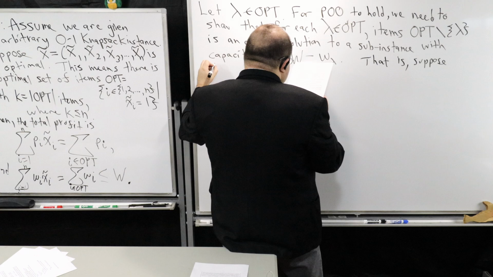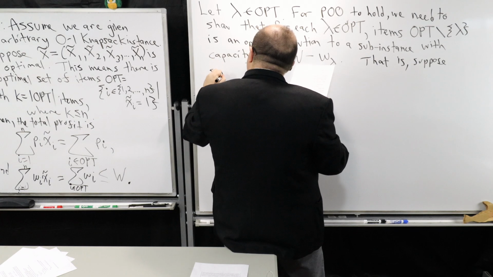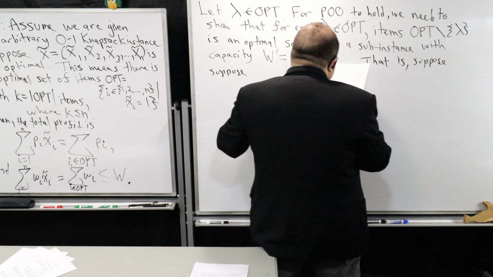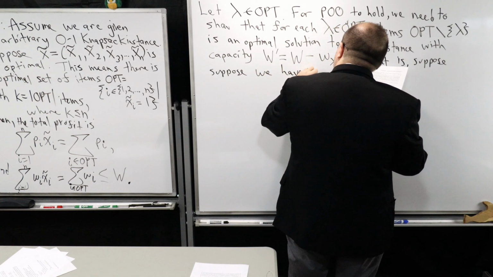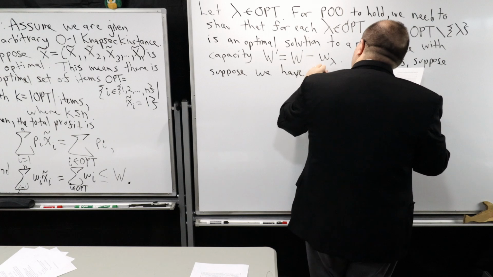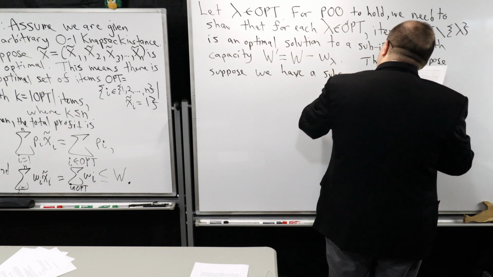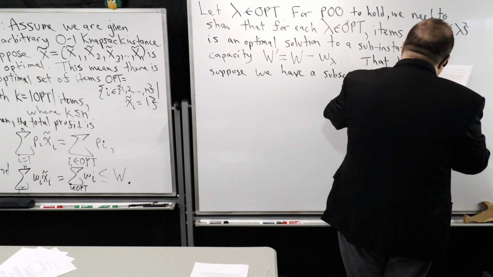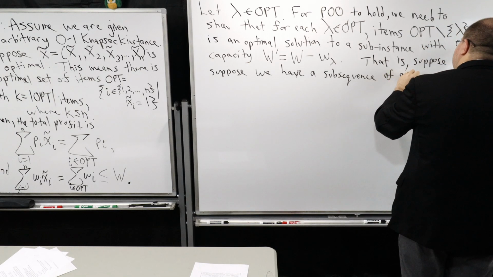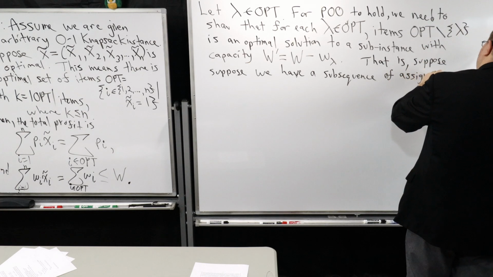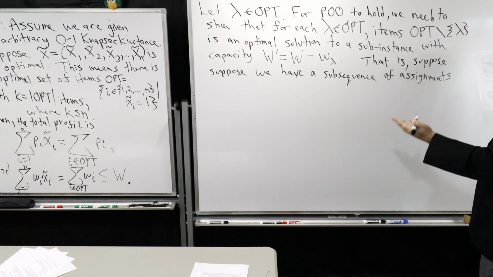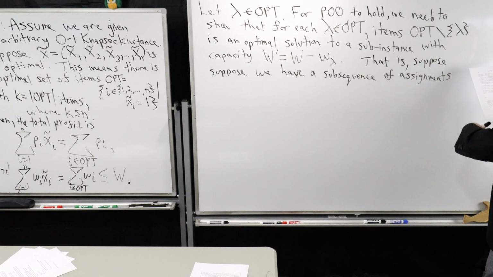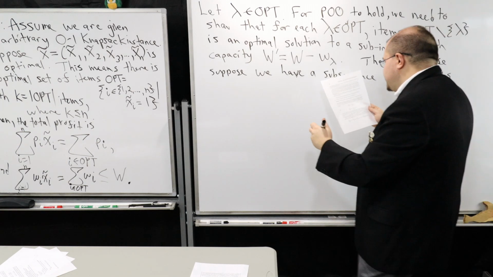That is, suppose we have a subsequence of assignments. When I'm referring to these assignments, I'm talking about the x_i values, 1 or 0. Either you put it in the knapsack or you don't put it in the knapsack.